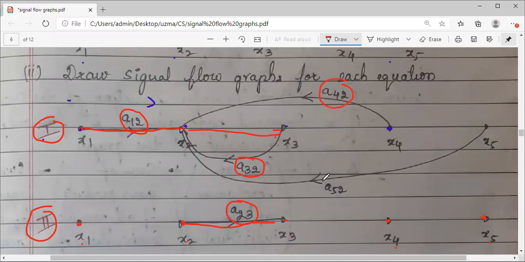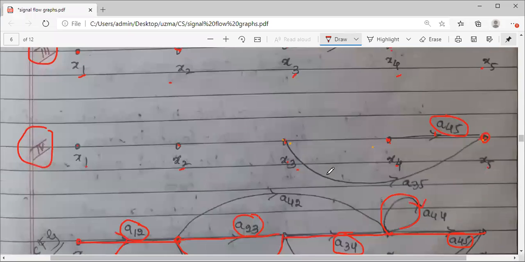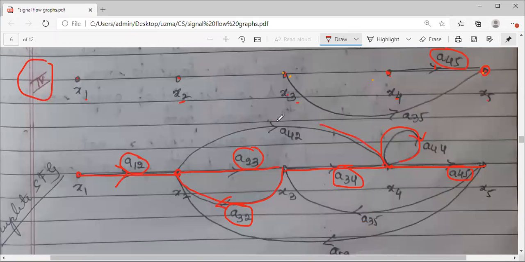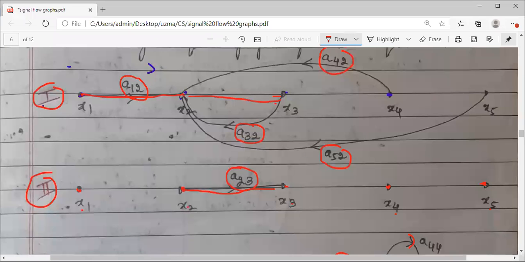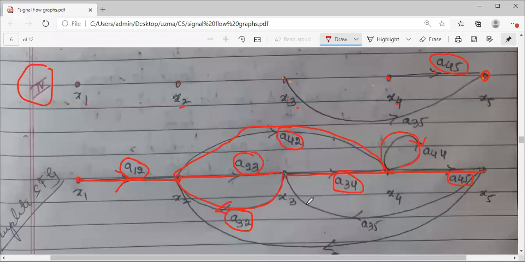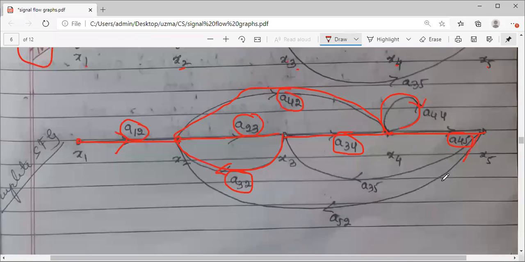A42 is left and A52 is left. So draw A42 between 2 and 4. That is 4 to 2. Then any other? In the first figure, A52 is still remaining, from 5 to 2.